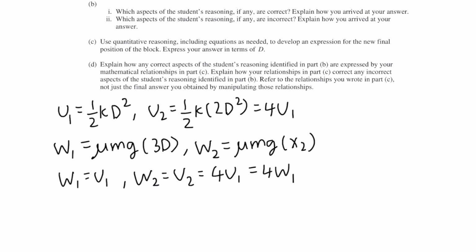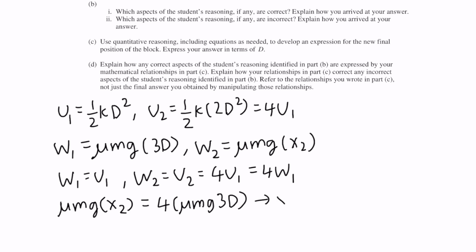And now we can substitute the friction and the displacement that we had originally to get that mu mg times x2 is equal to 4 times W1, which was equal to mu mg times 3D. And looking at this, we can get that x2 is equal to 12D. Okay, so now we're done with part C.